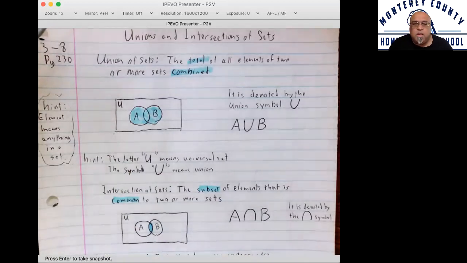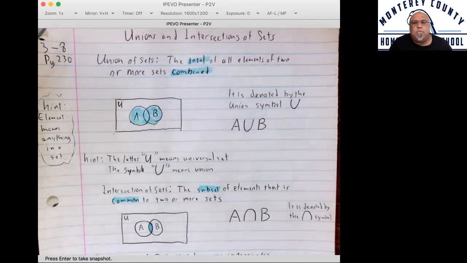So the union of sets would mean that you're taking two or more sets and you're combining them. Let's say you have a husband and a wife, and the husband has all the things in his pockets and the wife has all the things in her purse, and they dump it out onto a table. That would be the union of those two sets, the pockets and the purse all put together.